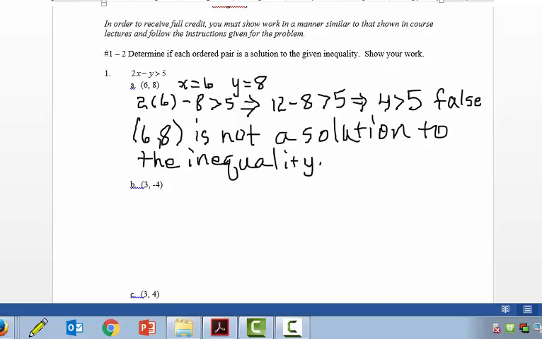The work is as simple as that. I test each point in the inequality to see if the statement that results is true or false.